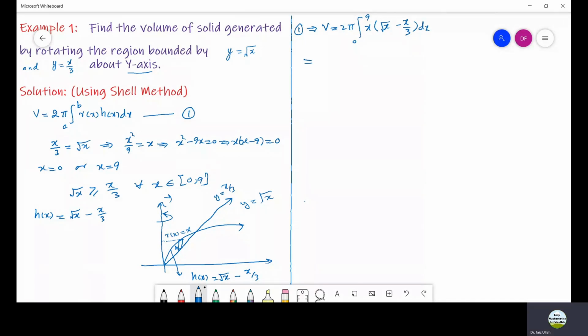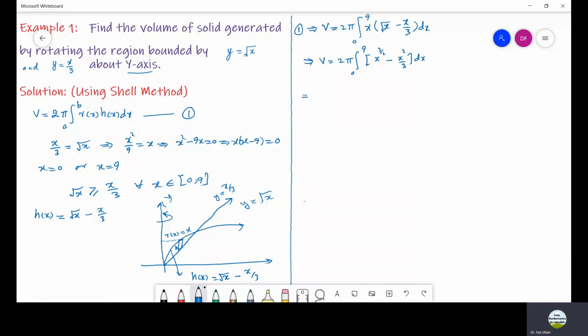If we further simplify this, we have V is equal to 2 pi, integration from 0 to 9, multiplying x: x power 1 over 2 times x is x power 3 by 2, minus x times x, that is x squared, divided by 3, dx.